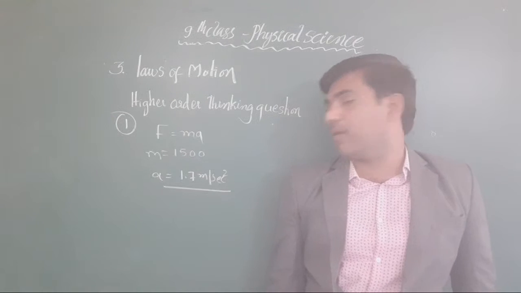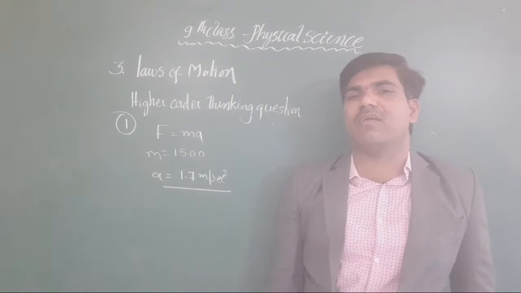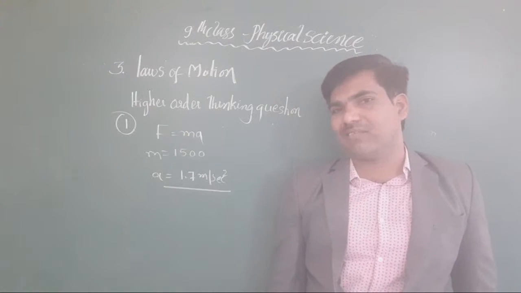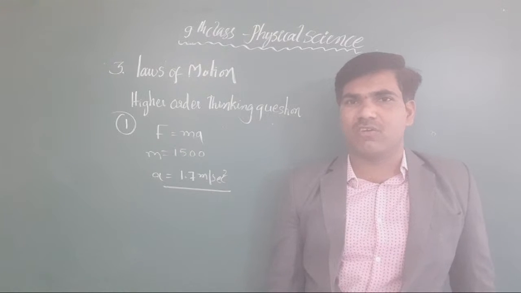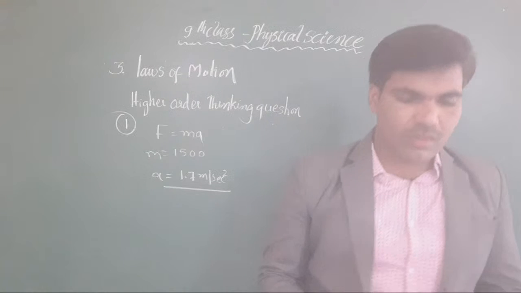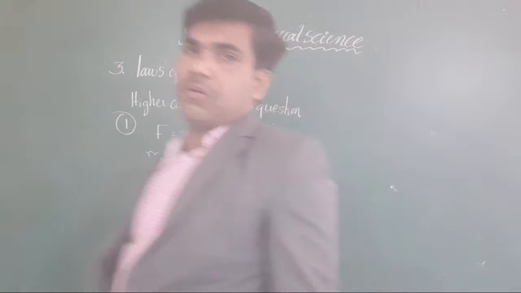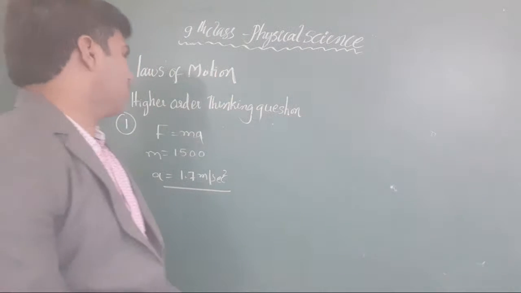Simply you multiply the mass that is given with the acceleration that is given here. Understood, all the students? That is what we will get. Maybe the answer is given wrong in our textbook; check it once. Clear or not, all the students? This is the first question.